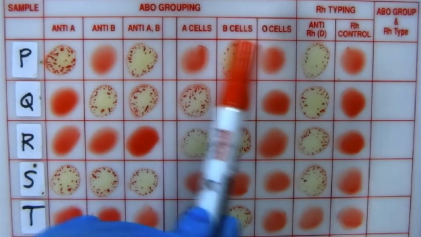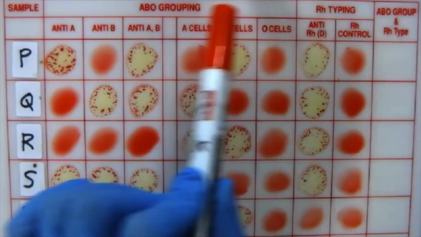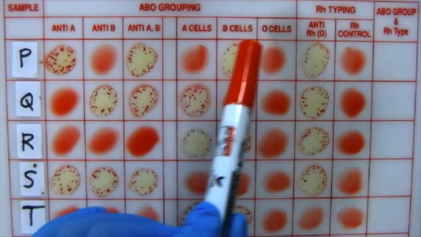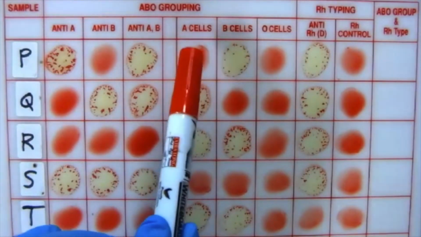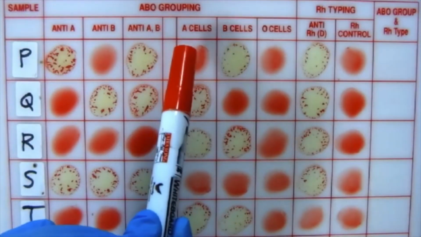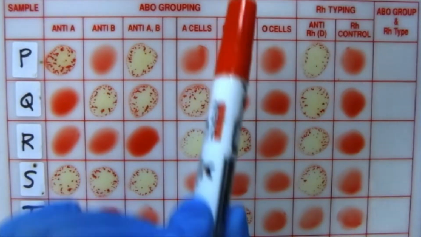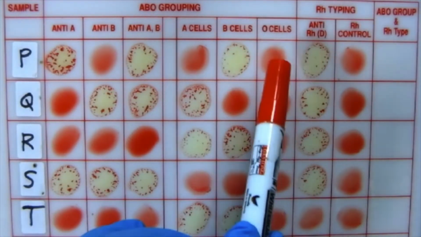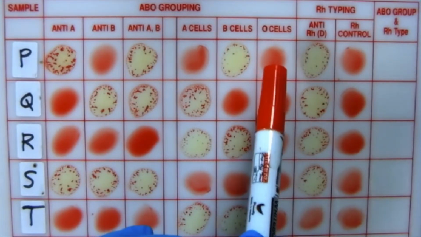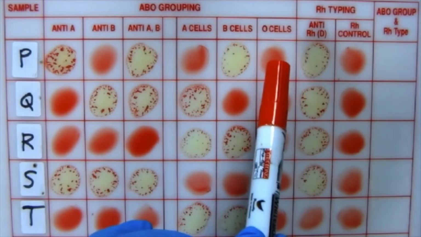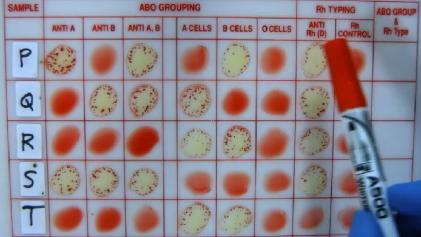So this ABO cell, we prepare, we get it from a known blood group patient. A cell is from a patient with blood group A. B cell is from a patient with B blood group, and O cell is from a patient with blood group O.